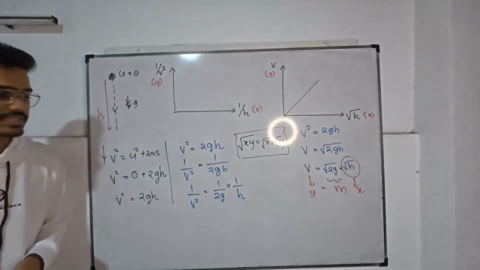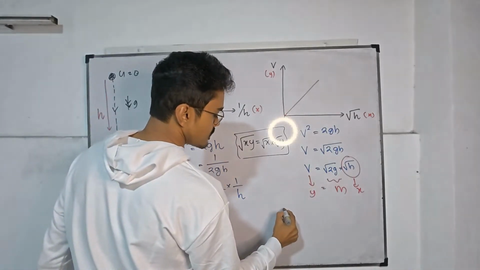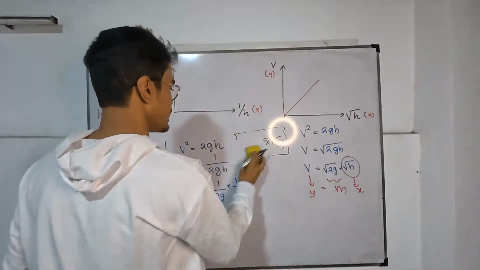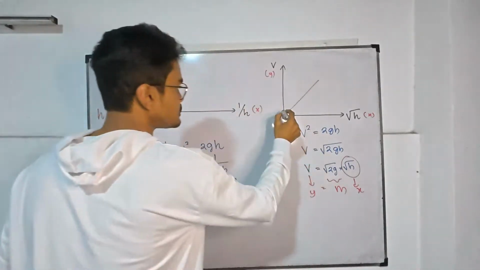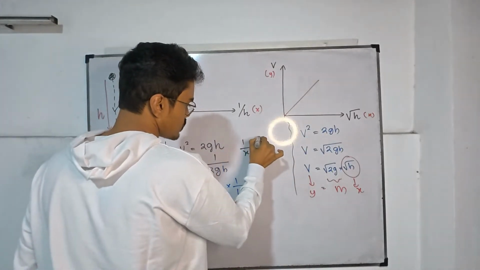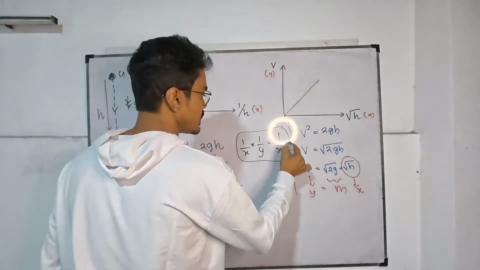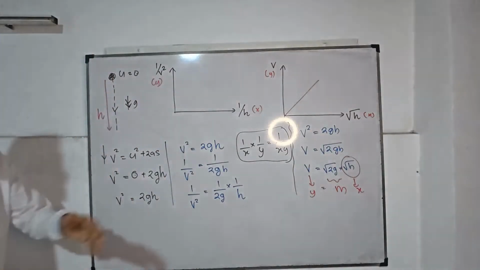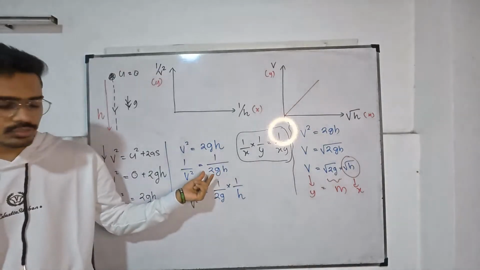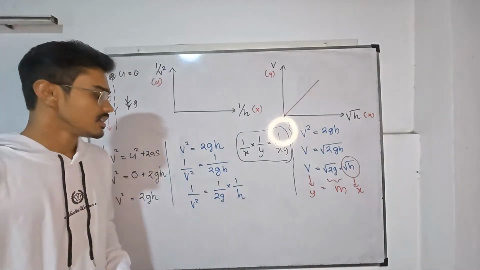Since there is a multiplication, if you have 1 over x times 1 over y, it can be written as 1 over xy. So the opposite also works. If I have 1 over 2gh, we can write it as 1 over 2g times 1 over h.